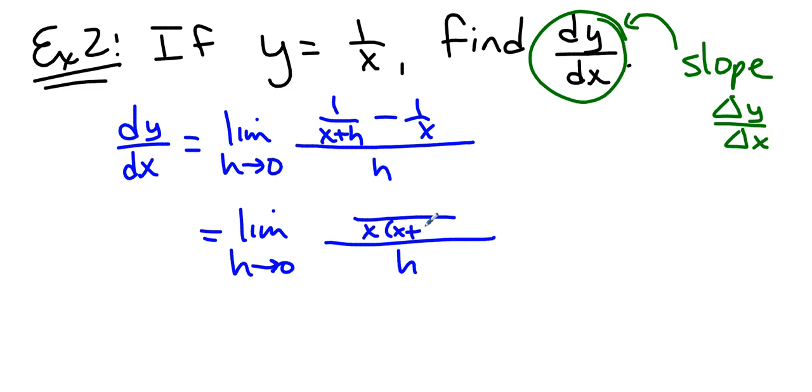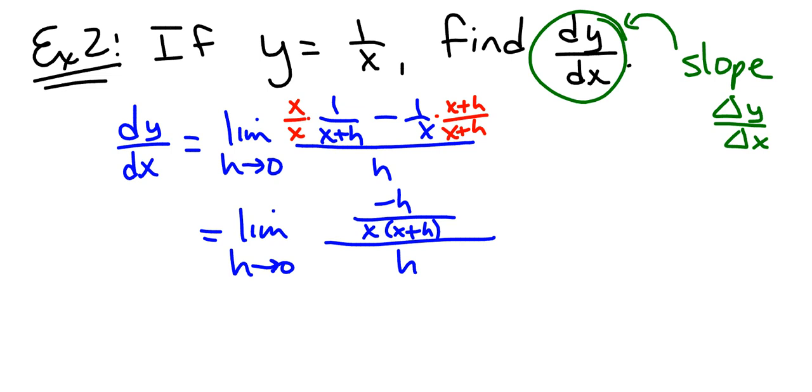That single common denominator is x times x plus h. How do we combine fractions when the denominators are different? Well, this gets multiplied by 1, and this gets multiplied by 1, and it gives us that common denominator. So this is x, this is minus x minus h. x minus x minus h.